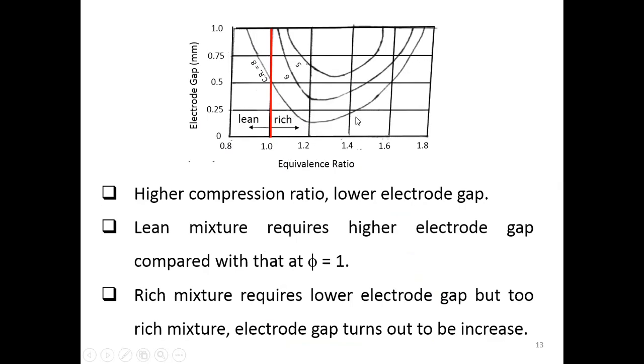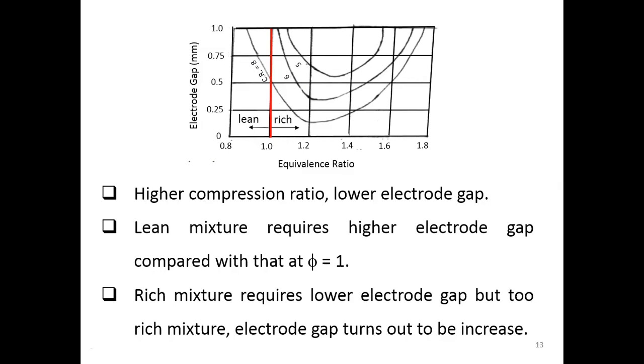You can see that if we go for higher compression ratio, starting from 5, 6, and 8 here, higher and higher compression ratio at the same equivalence ratio means you require a smaller electrode gap. So for an engine with higher compression ratio, the gap has to be small.